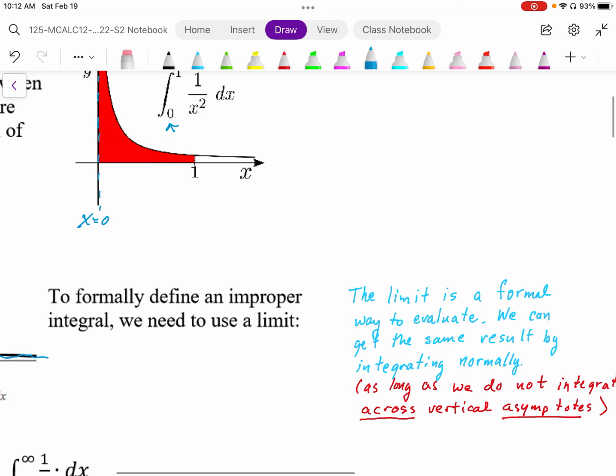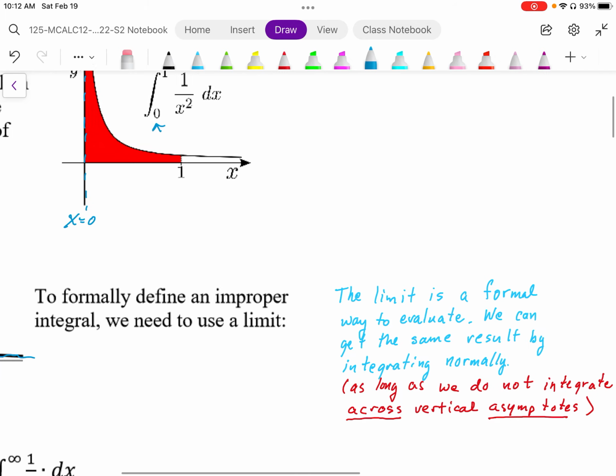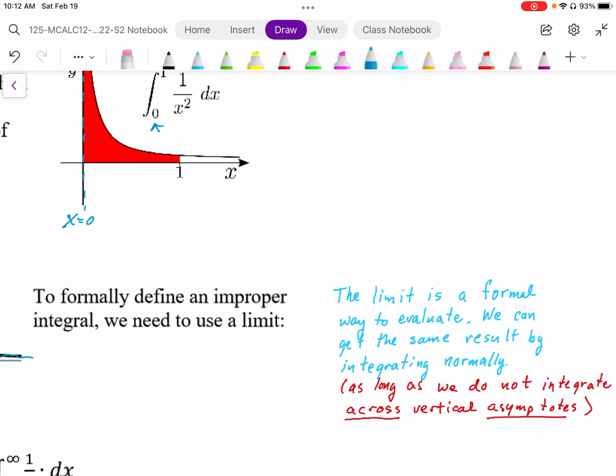We do have to be especially careful though, because although the blue part of this is true, we can integrate normally, if we integrate across a vertical asymptote as part of our bounds, then that's a problem. We get invalid results. So we have to be careful with that.